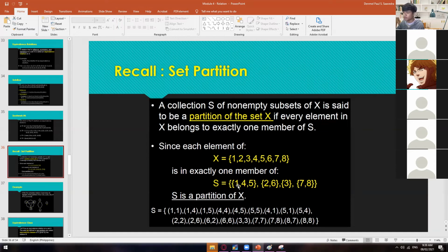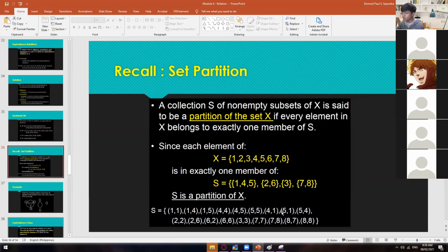So we have 1, 1, we have 1, 4, we have 1, 5, we have 4, 4, we have 4, 1, and then we have 4, 5, and then we have 5, 5, and we have 4, 1, sorry. So it's just that we are shuffled.